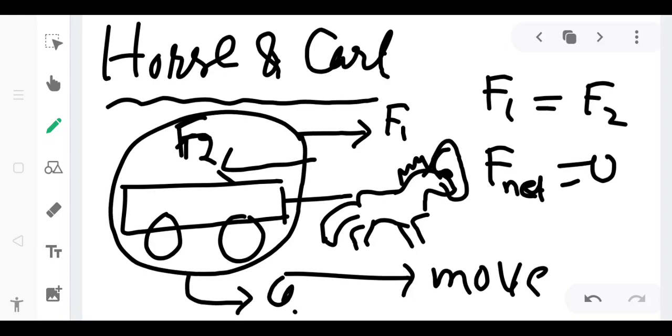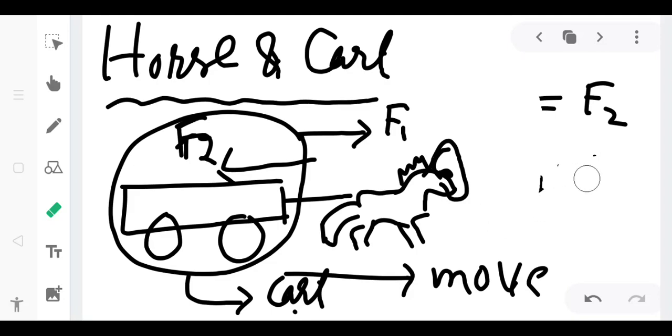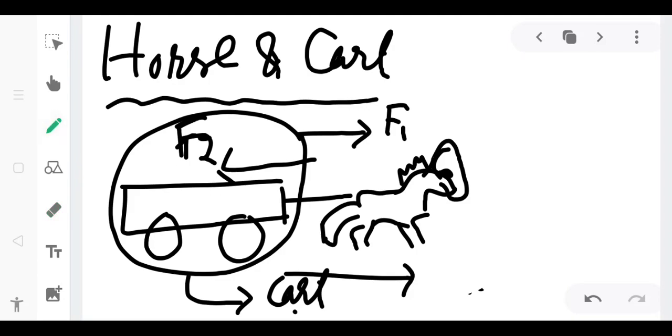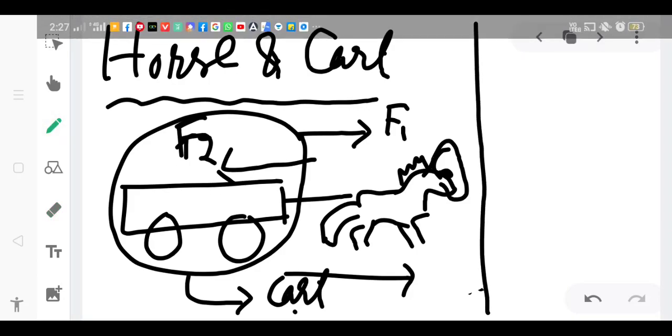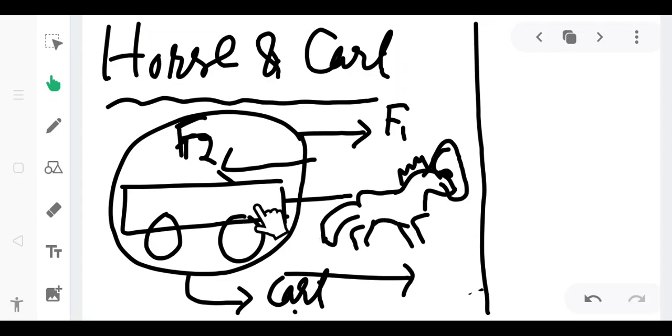Now let us try to write the forces acting on cart. So what are the forces acting on the cart? Since we know that the horse is pulling the cart in the forward direction, one of the forces acting on the cart is F1 in the forward direction.